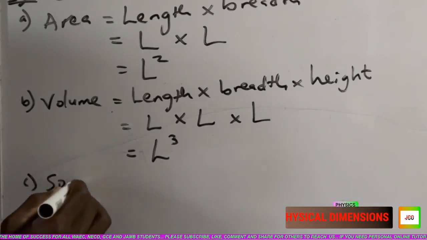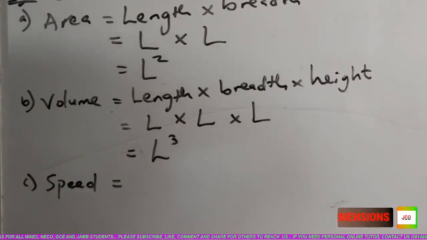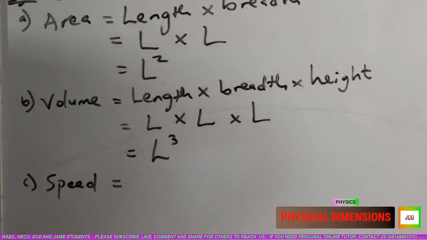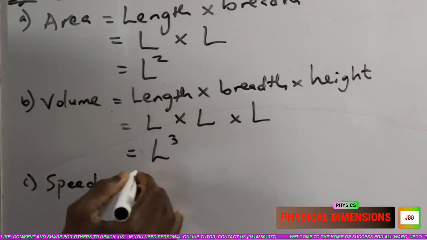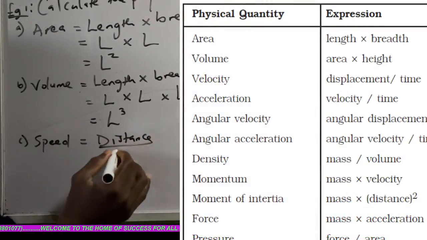Moving on further, speed. In some questions they are going to ask you, L cube is the physical dimension of dash. So if you know how to solve it, then you can easily bring it out. Speed, what is the formula for speed? Speed is actually distance over time.